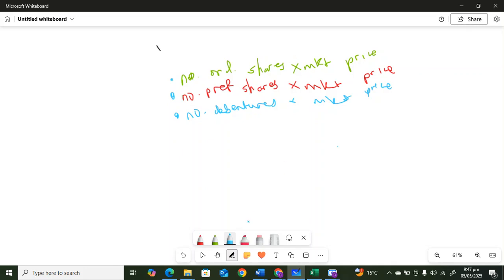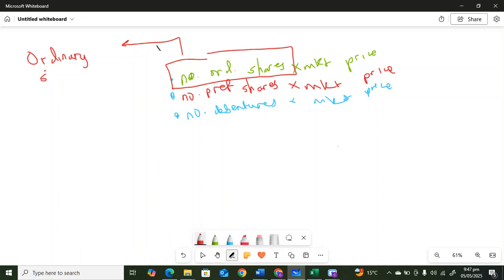So for ordinary shares, to get the number of ordinary shares, it is the ordinary share capital divided by the par value of the shares.